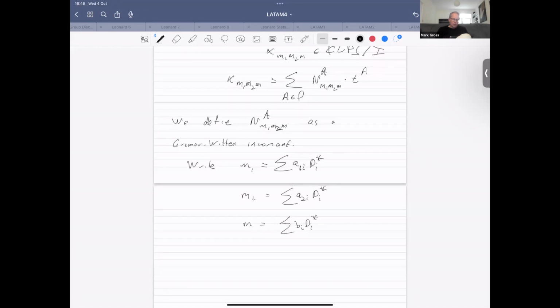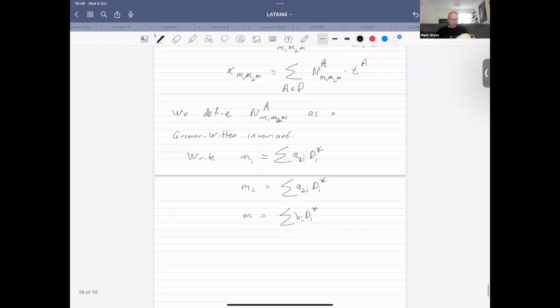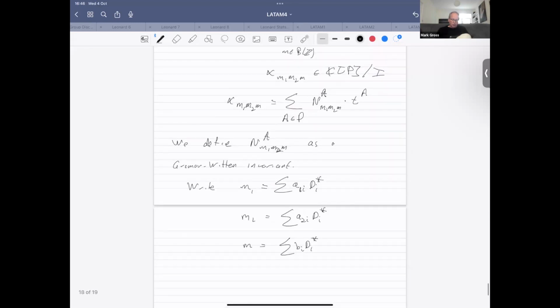So these are just remembering that b lies in this dual vector space spanned by the di stars. These are all integers: a1i is an integer, a2i is an integer, bi is an integer.